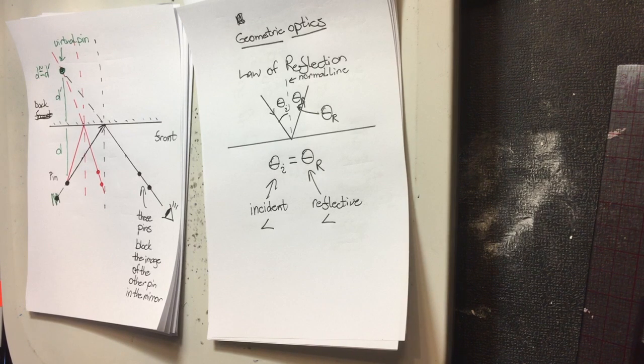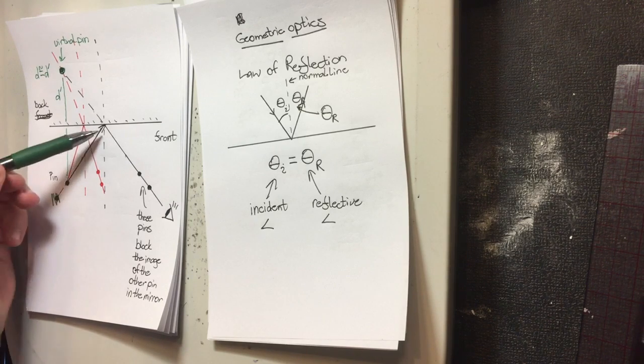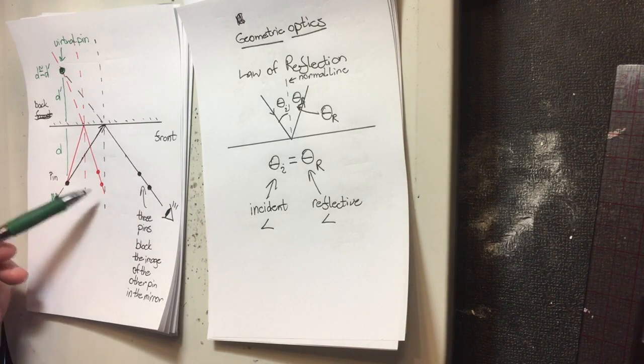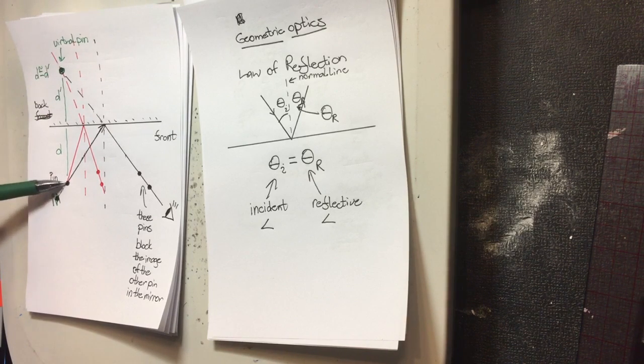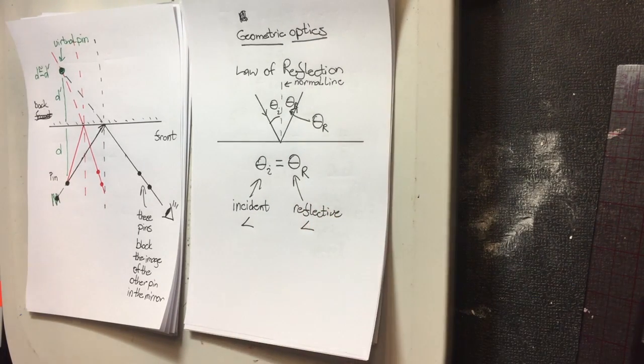But what we are asking for is that you're able to identify that light from these 2 rays effectively line back up to where that pin's virtual twin is. And so this is what we would call a virtual image. And it's also a demonstration of the law of reflection.